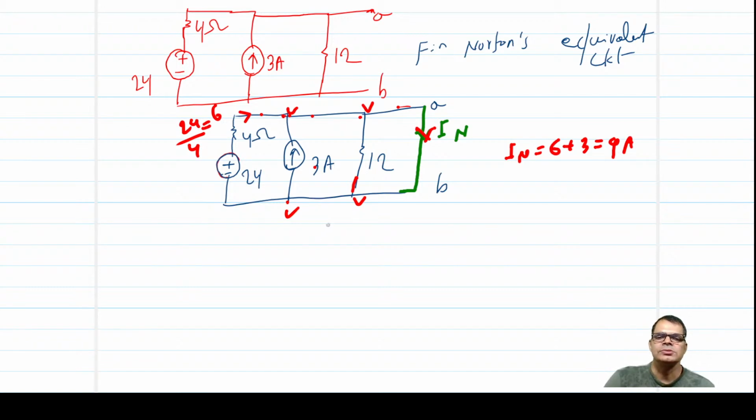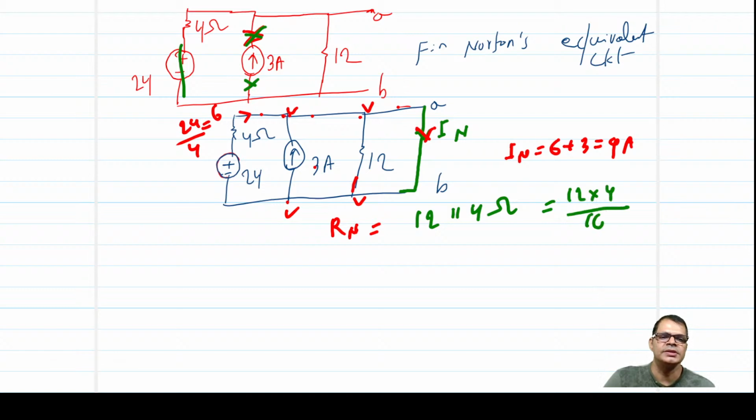And the Norton resistance: this is open, this is open, this is short, so that is 12 parallel 4 ohm, that is 12 into 4 over 16, which is 3 ohm.